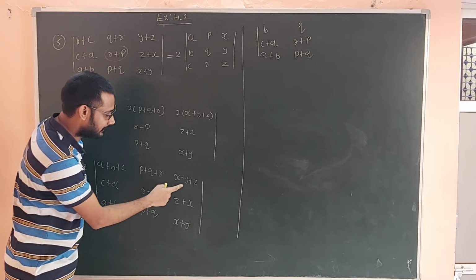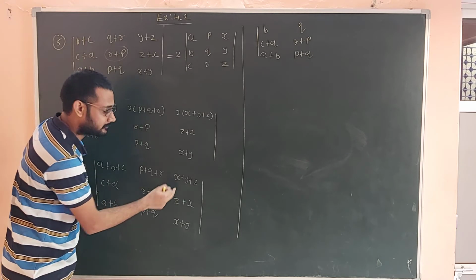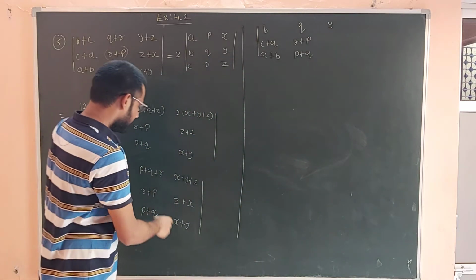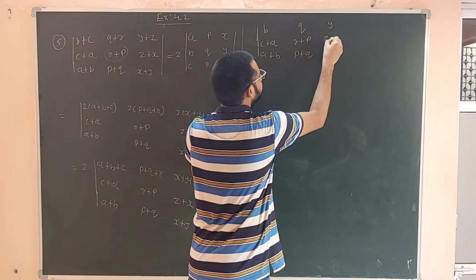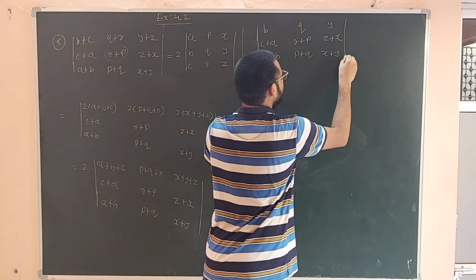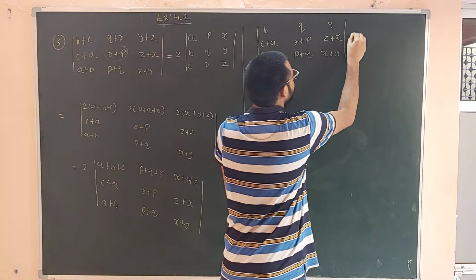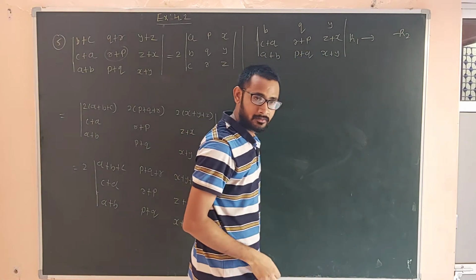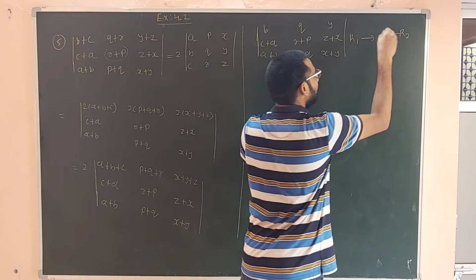So minus Z plus Z cancel out, minus X plus X cancel out. So only Y remains. Okay. And Z plus X and X plus Y as it is. So here we can write the reaction is, we multiply R2 with minus 1 and add into the R1.